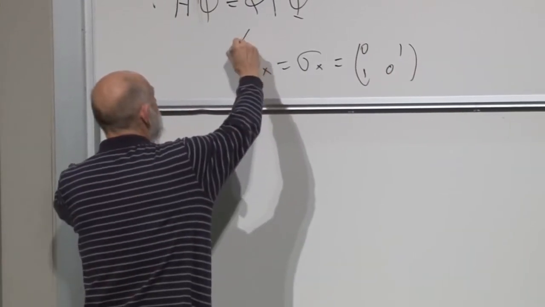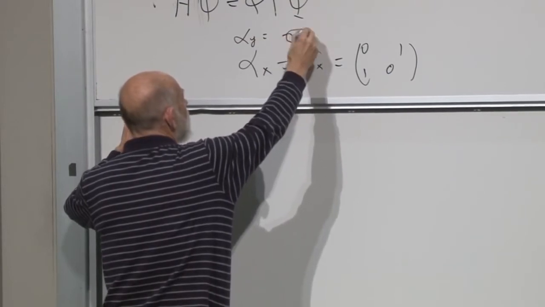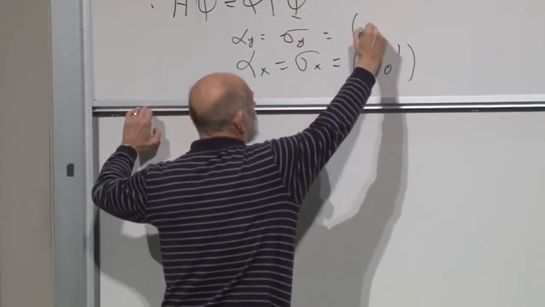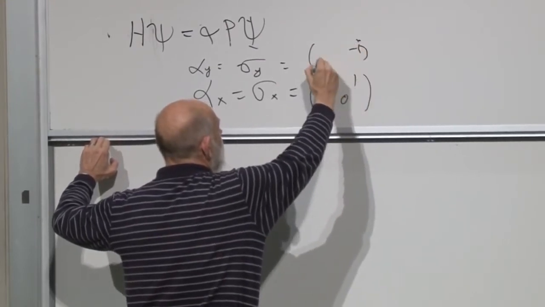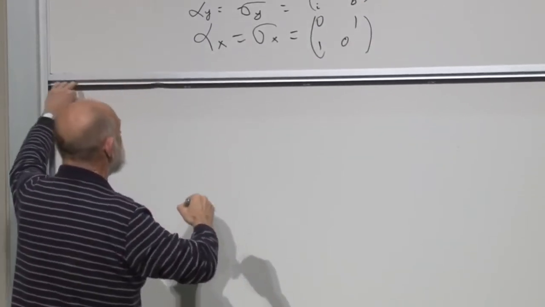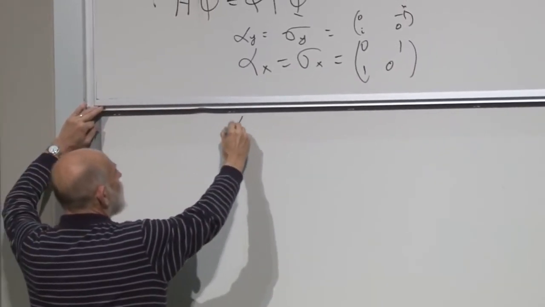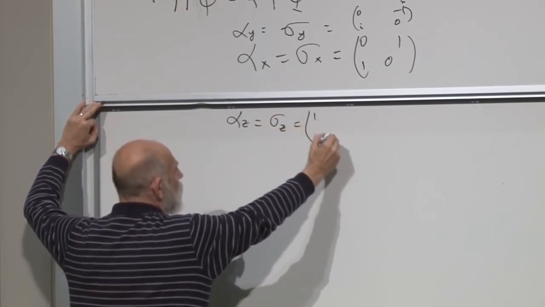Alpha y equals sigma y equals what? 0, minus i, i, 0. And finally, the last one is alpha z equals sigma z, and that's the easy one to remember, 1, minus 1.